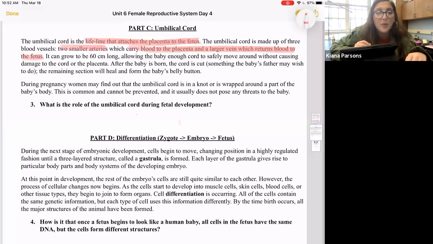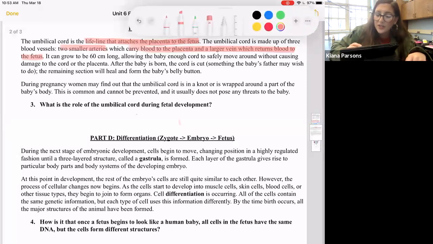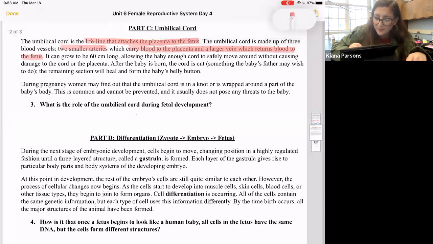During pregnancy, many women find out that the umbilical cord is in a knot or is wrapped around part of the baby's body. This is common and cannot be prevented, and it does not usually pose any threats to the baby. What is the role of the umbilical cord during fetal development?